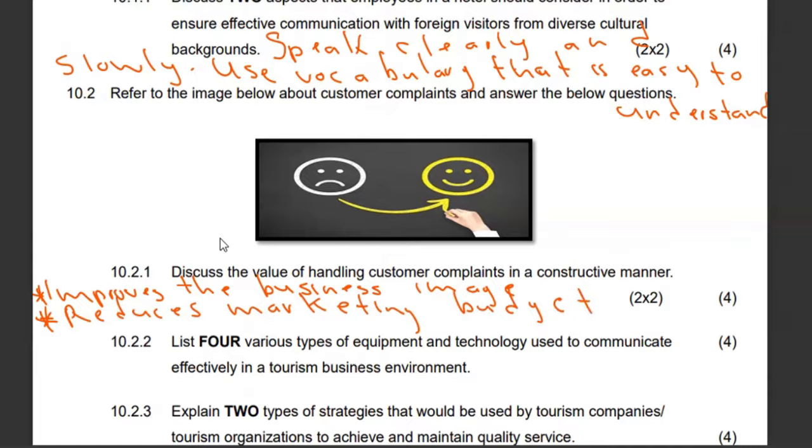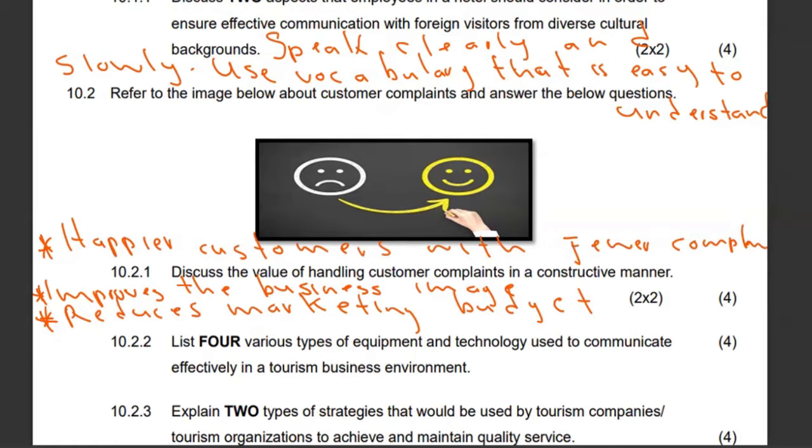In addition to that, we end up having happier customers with fewer complaints.